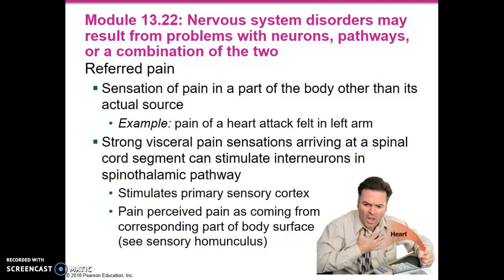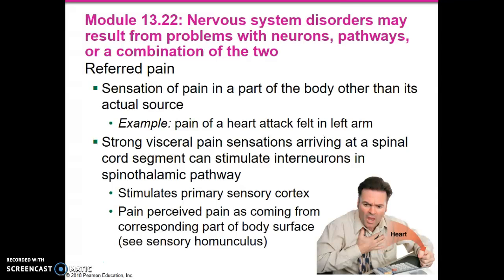Nervous system disorders may result from problems with neurons, problems with pathways, or a combination of the two. I don't know if you've heard of referred pain, but referred pain is the sensation of pain in a part of the body other than the actual source. For example, the pain of a heart attack felt in the left arm, not in the heart.